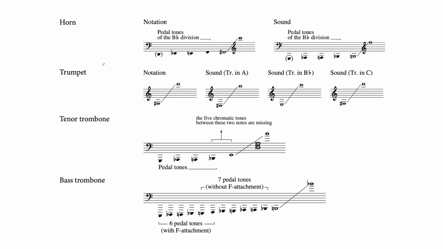This is an overview of the ranges of the instruments. We have horn. This is the notation. This is the only thing you should consider. Beginning with F sharp, it is also possible with the B flat switch to play those notes, but they are too low.